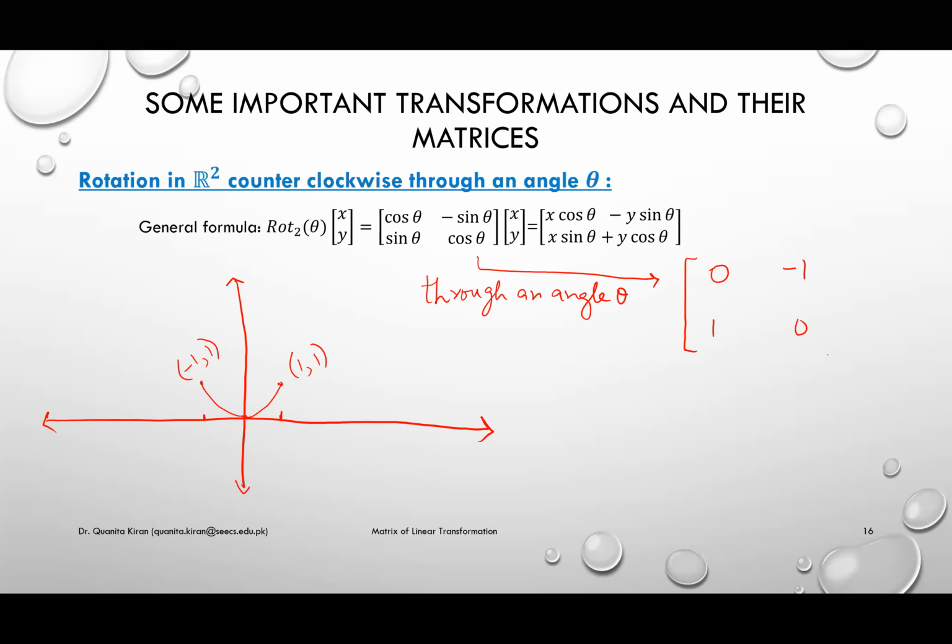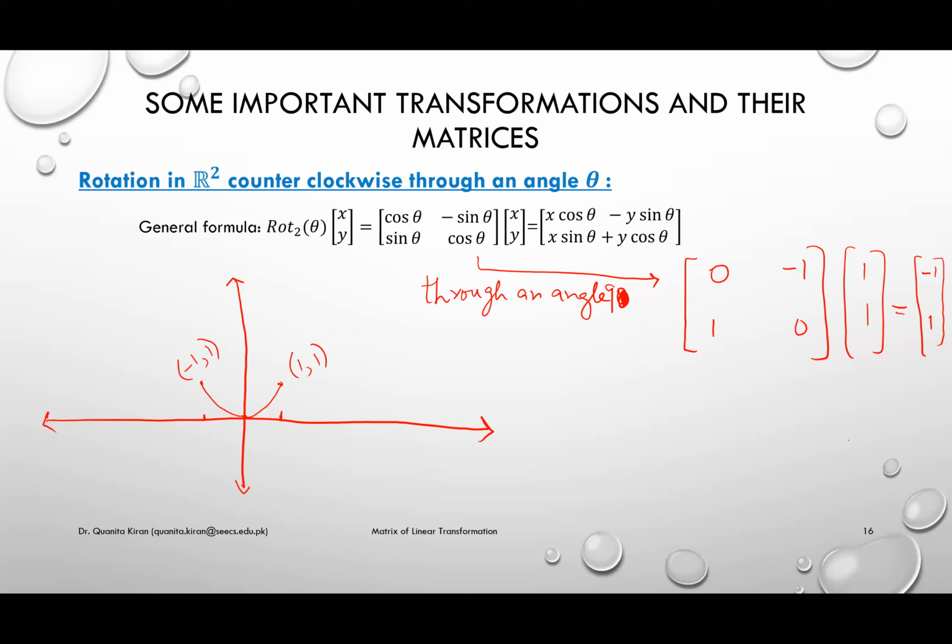So this is the rotation matrix when we rotate through an angle of 90 degrees. If we apply this rotation matrix on (1, 1), then it gives us (minus 1, 1).